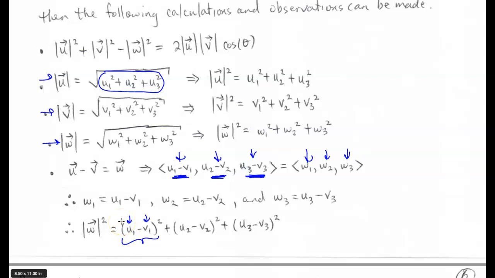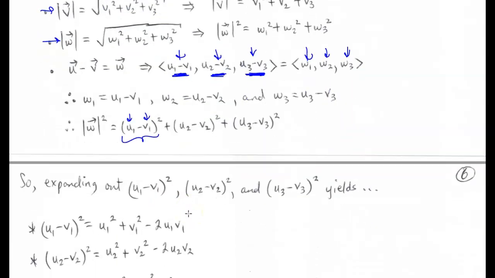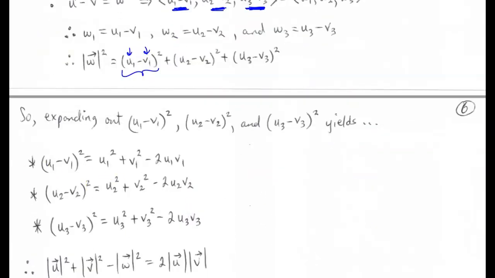But since we don't, we treat it like we would with quadratic functions and multiply this out using the FOIL method. If we do that for all 3 terms, we end up getting this result here. Again, that's just taking u1 minus v1, multiplying it times itself, doing FOIL, and getting your result, and the same thing for the other two.